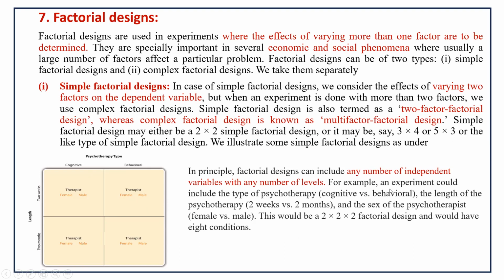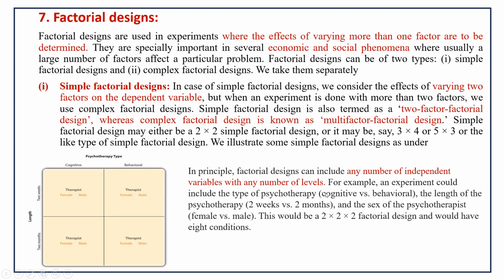We can see an example here of simple factorial design, where in this particular design you can take any number of independent variables with any number of levels. For example, suppose a researcher is doing an experiment on a group of people.